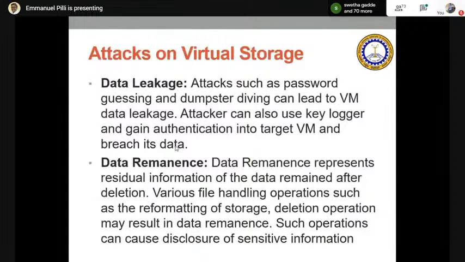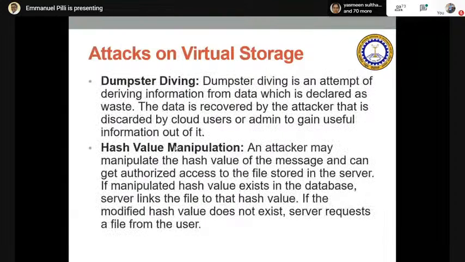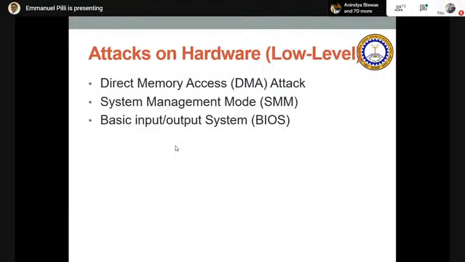Such operations can cause disclosure of sensitive information. Similarly, dumpster diving, you can get to the recycle bins or any other data sets where you can get the data which has been put in. Similarly, hash value manipulation. An attacker can manipulate the hash value of the message and can get authorized access. When you're replying, you have what is called a sequence number. So if somebody can actually get hold of the sequence number, you can easily get in, right? So those are the things.